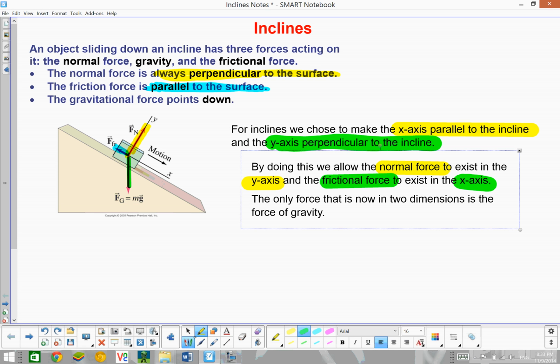As a result, that allows us to have one and only one force that's in two dimensions, and this ends up being gravity. This will allow our math and our understanding of the overall motion of the object to become much easier.